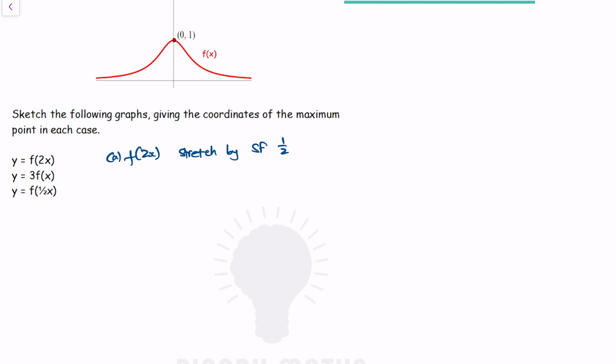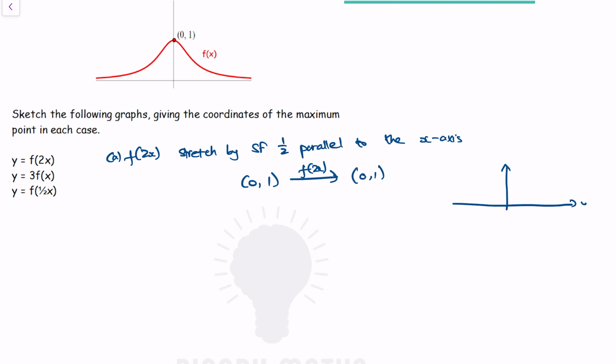So you have to do the reciprocal of 2, and parallel to the x-axis, which means 0, 1 stays as 0, 1. Which means if we sketch it, it'll just get there faster, so it's going to be a bit narrower, but the point 0, 1 stays as 0, 1.